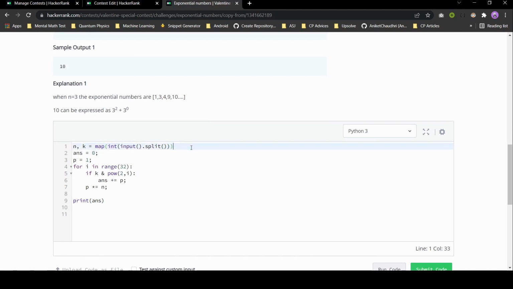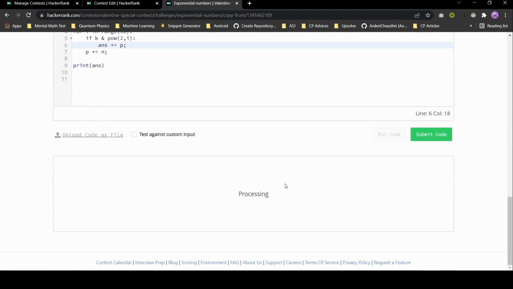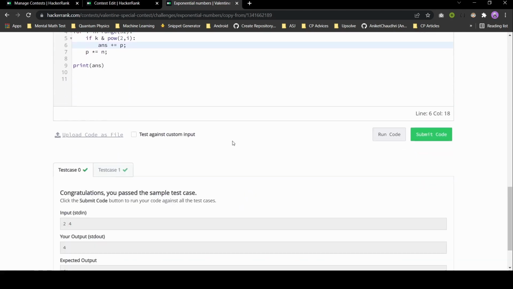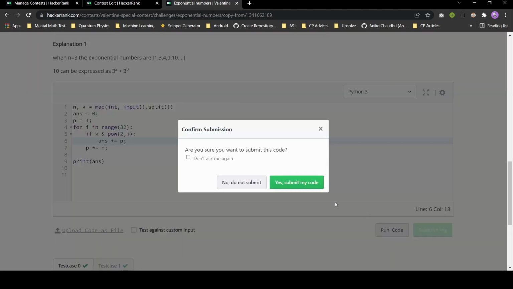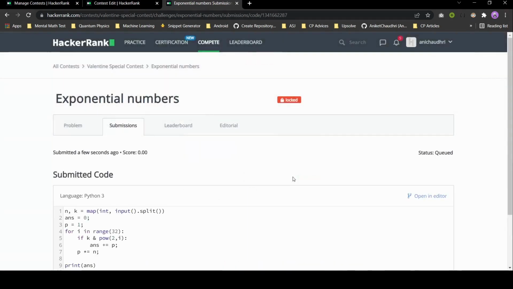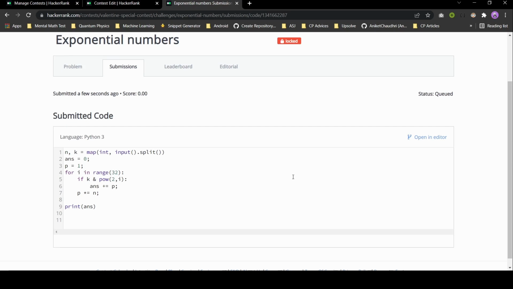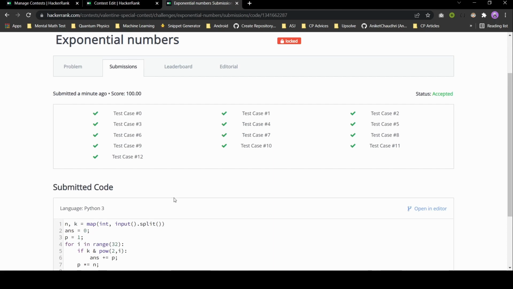Okay, so sorry, I have messed it up. N comma k equals map int input dot split. Okay, and that's how map is written. Okay, so it passes the test cases. Let's submit it. Running, I guess. Yeah, so all test cases pass.